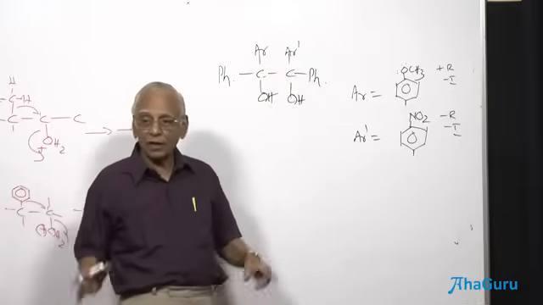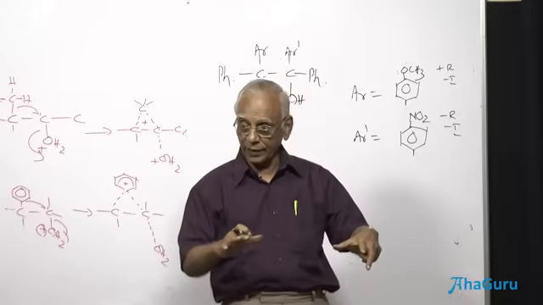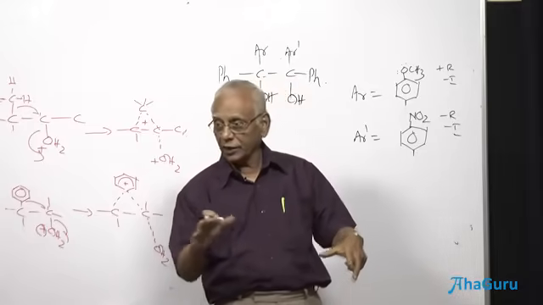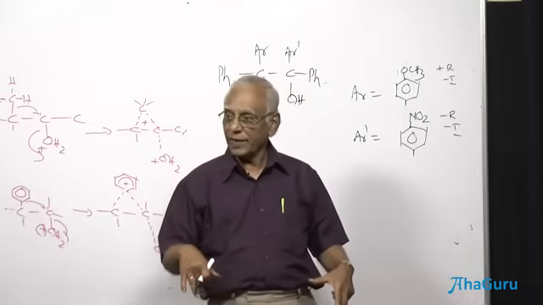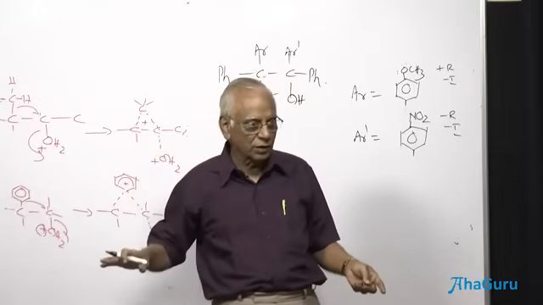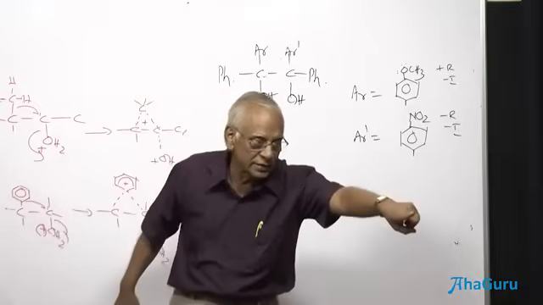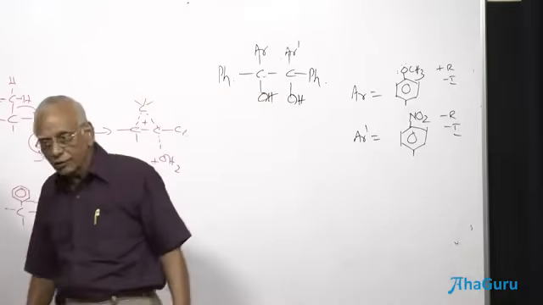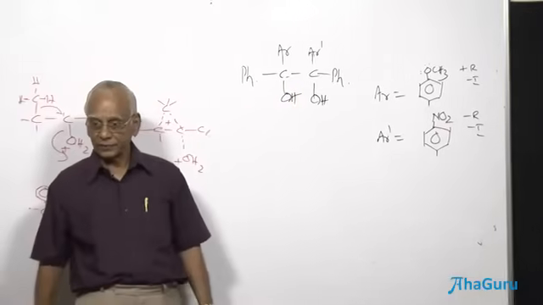Which groups? Tell me whether the alkyl group that migrates behaves as a nucleophile or electrophile or a free radical. They behave as nucleophiles, or of course free radicals, I have not proposed, that is ruled out. Does the migrating group behave as a nucleophile or electrophile? Nucleophiles, because they are migrating towards an electron deficient center.